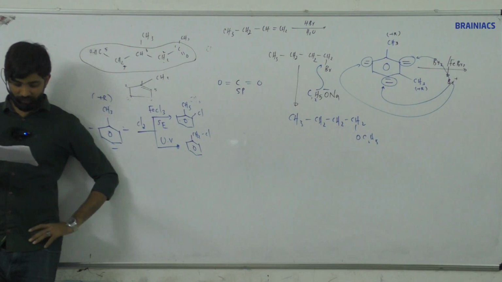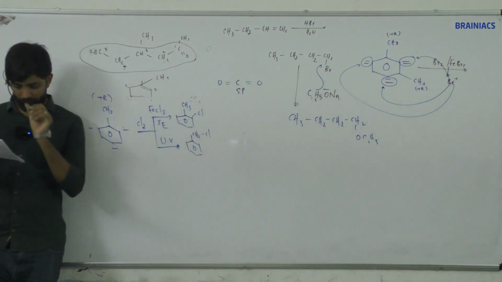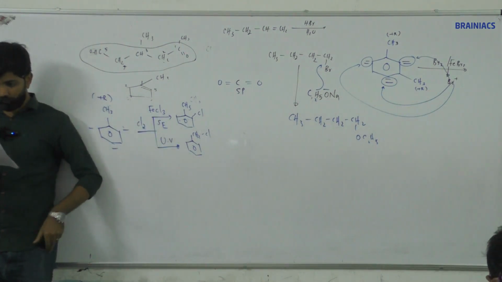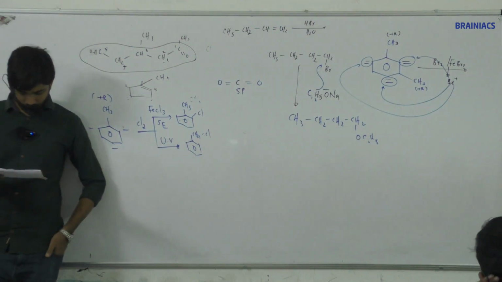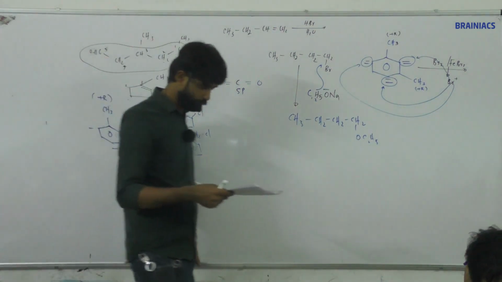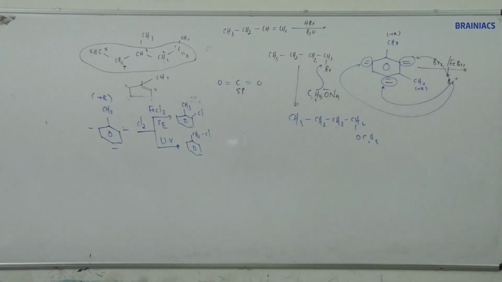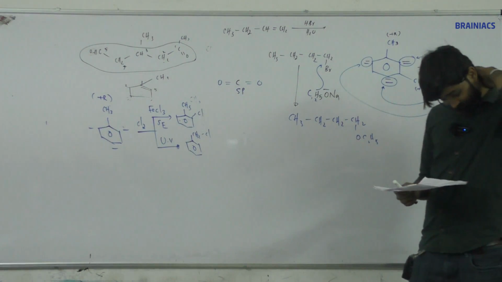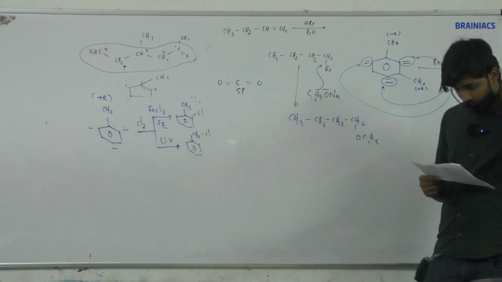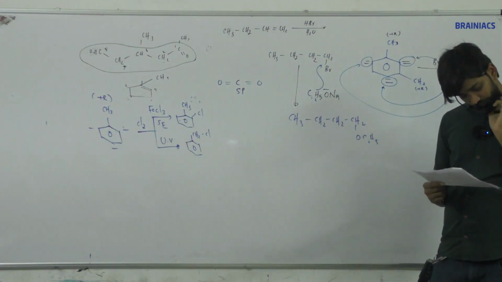In the presence of FeCl3, what forms? Orthochloro and parachlorotoluene. What about the Y? Benzyl chloride, right?